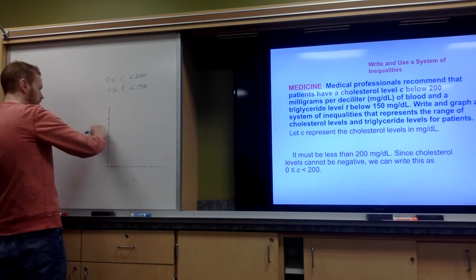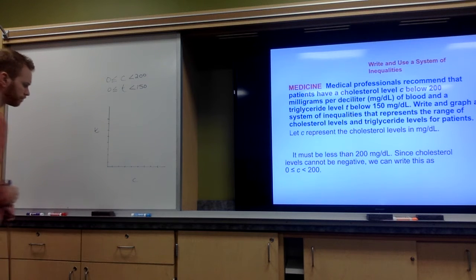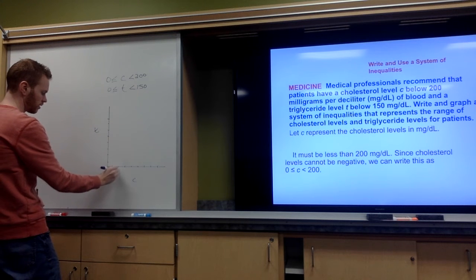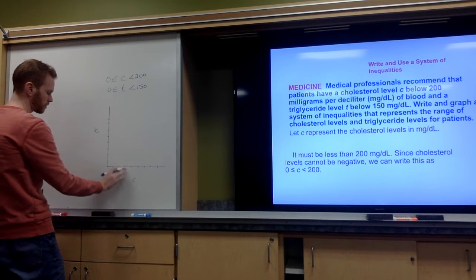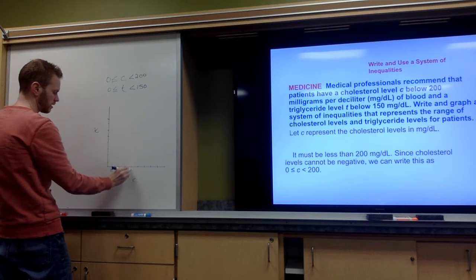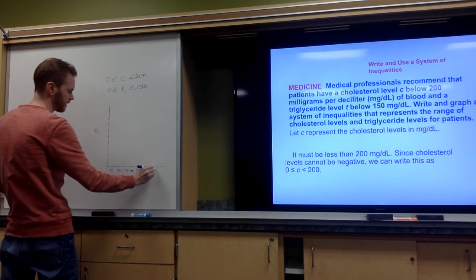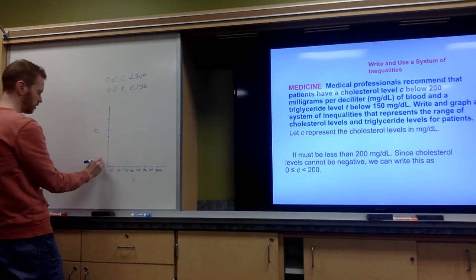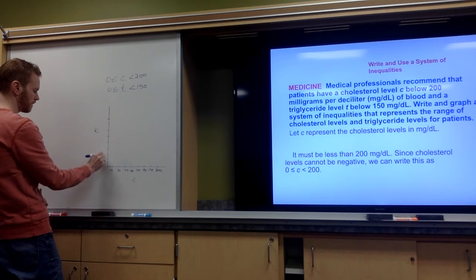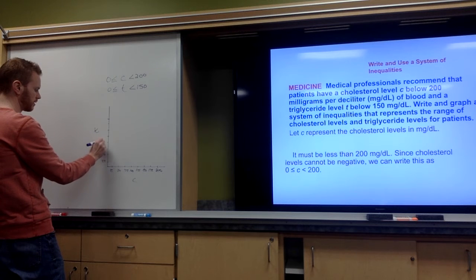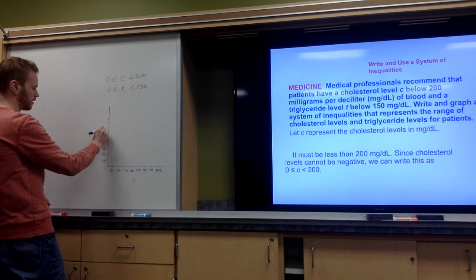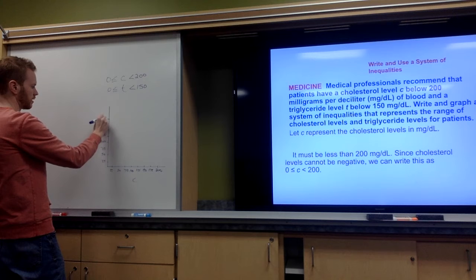I'll make this one my triglyceride levels. Just like a good graph, I should label everything.